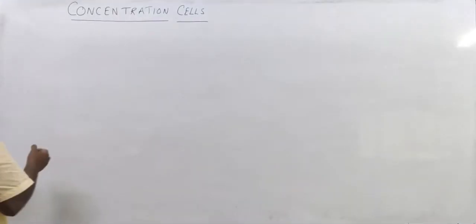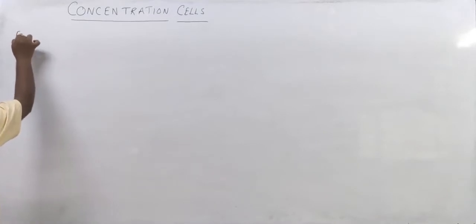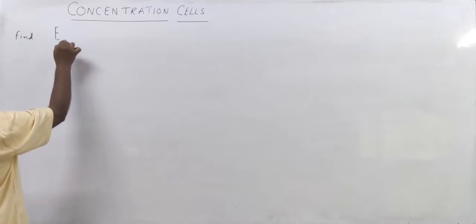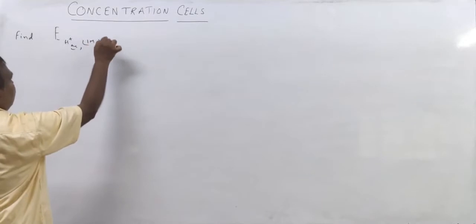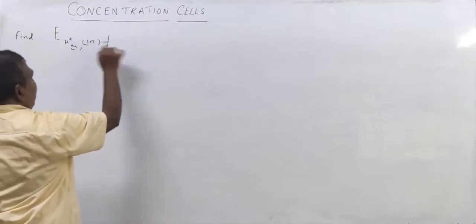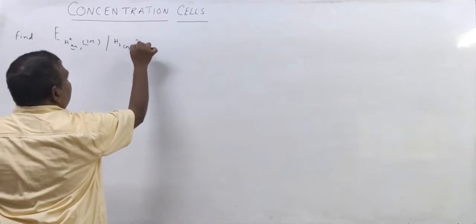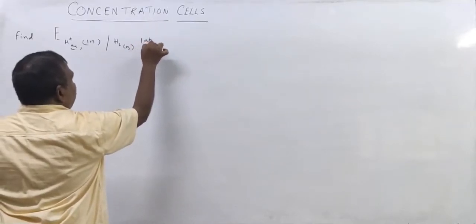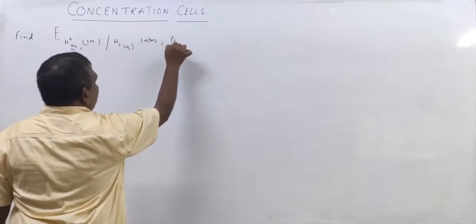Now see, for example, find E of H+ ion concentration of 1 molar, in contact with hydrogen gas at 1 atmosphere pressure, platinum solid.